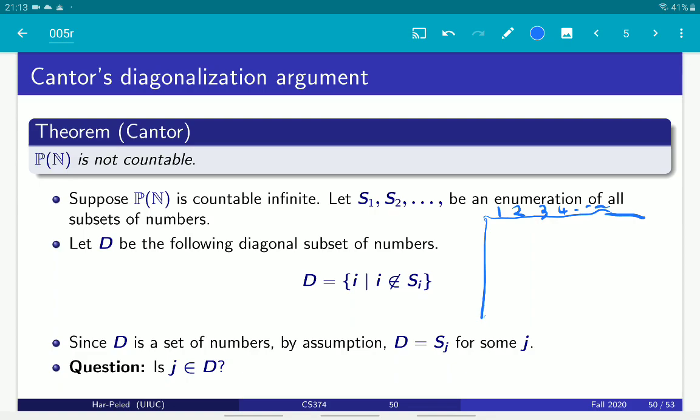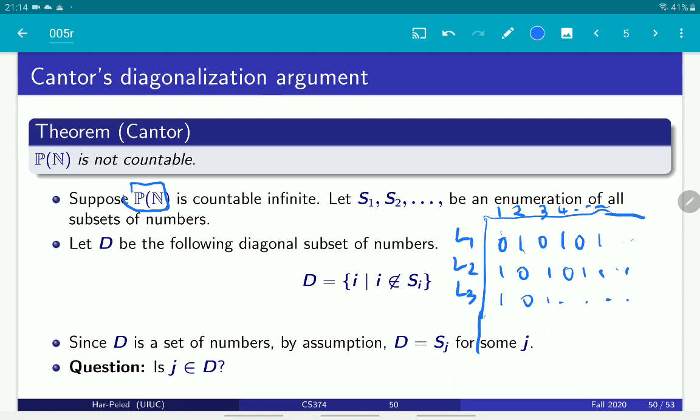Now let's assume, for the sake of contradiction, that the power set is countable. So I can write down the first language, the second language, the third language, and so on. Every language is going to be a sequence of 0s and 1s: in the language, not in the language, in the language, and so on. 1, 0, 1, 0, 1, 1, 1, and so on.